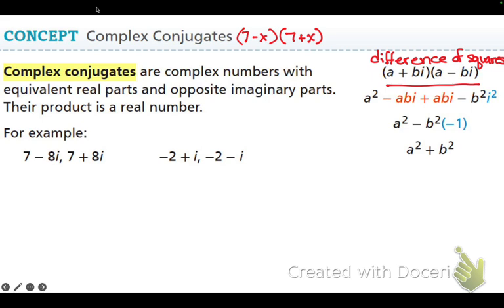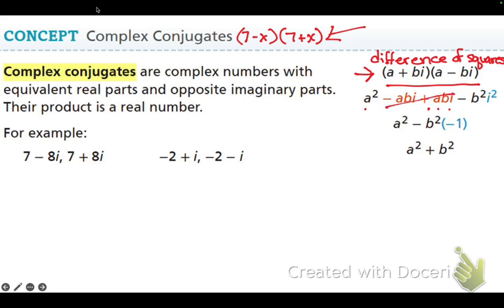So if you want to remember one word, just remember conjugate. You don't have to remember complex conjugate, because if you tell me complex conjugate here, you're wrong. But if you would just say conjugate, would you be okay? Yes. So what happens when we have a conjugate, and the whole point of it, is when I multiply it out, right underneath it shows you it'd be a squared minus abi plus abi minus b squared i squared.